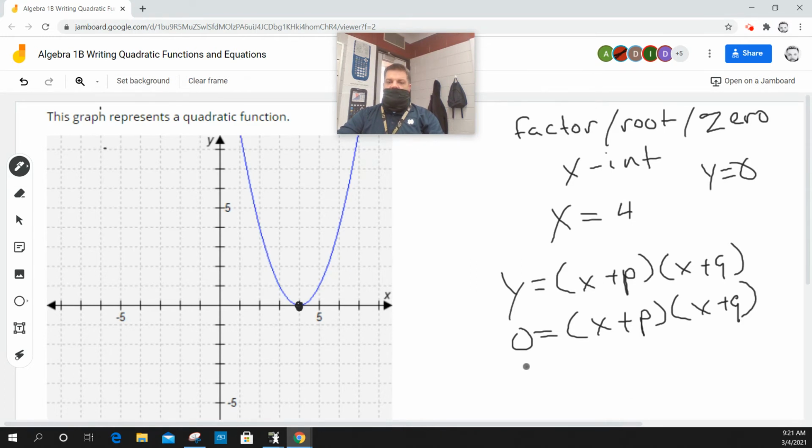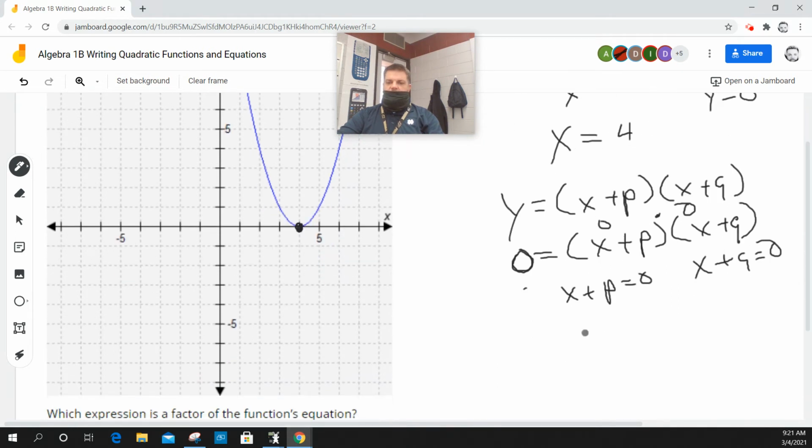And then when we go to solve, we say that x plus p equals 0 and x plus q have to equal 0. Why? Because we want it to equal 0. So 0 times 0 equals 0. And then we solve and we say that x equals negative p and x equals negative q.